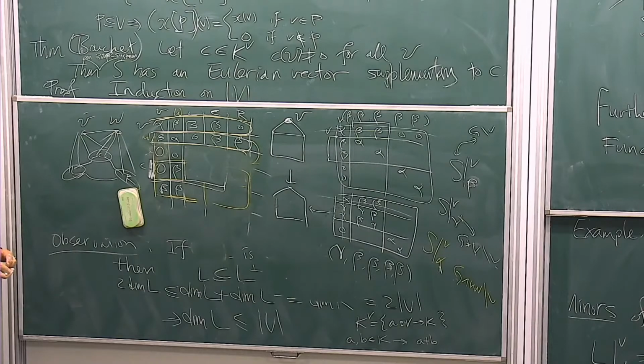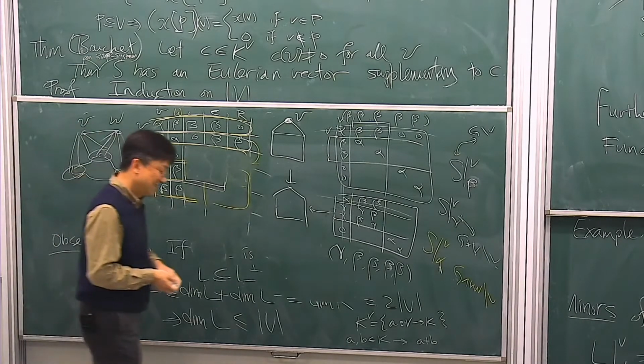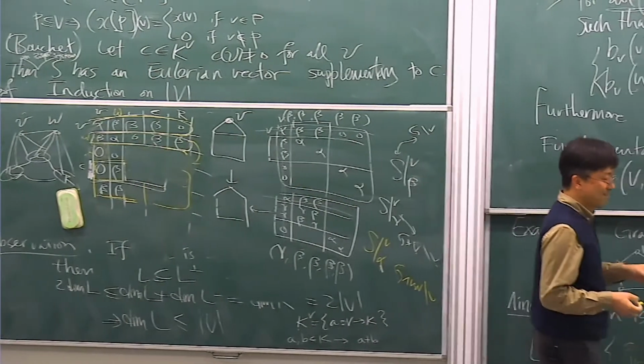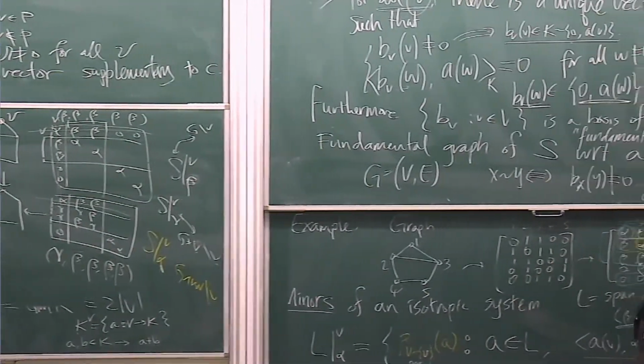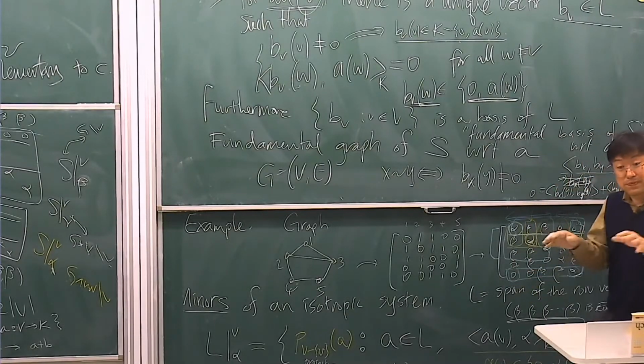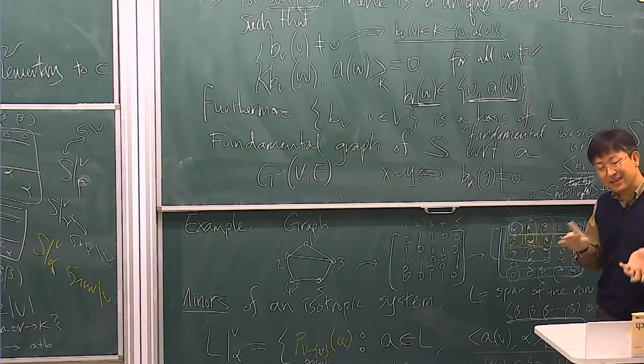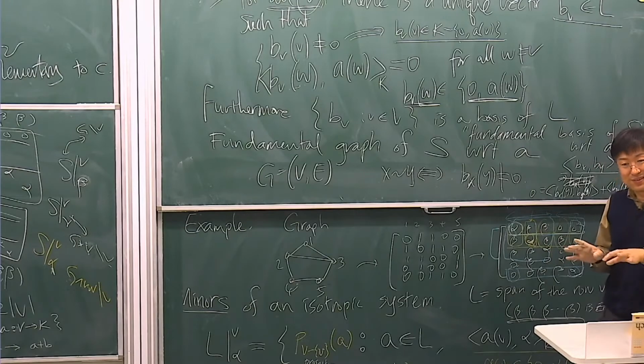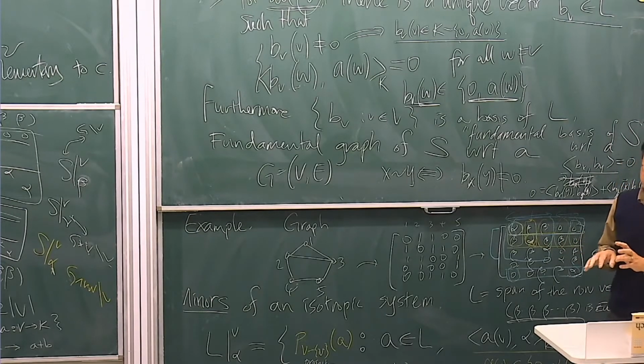Any questions? Is there any property whose fundamental graph is P? That property is not preserved under taking local complementation, so you cannot say much about it from isotropic systems.